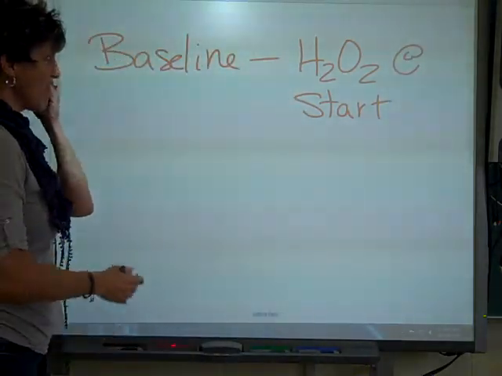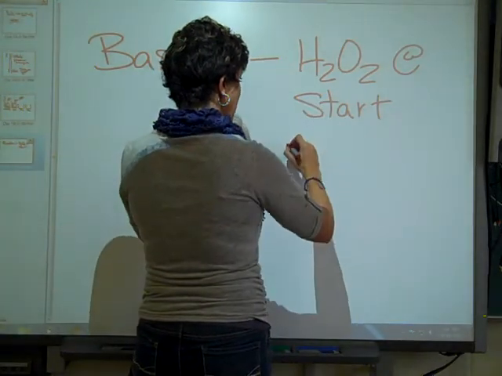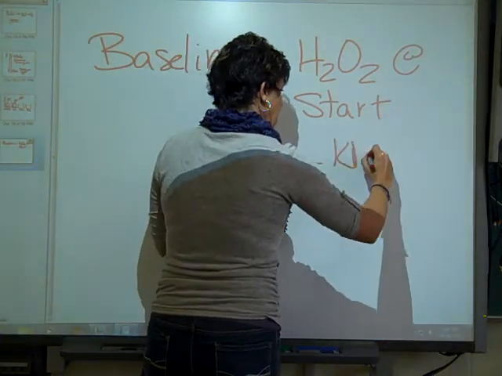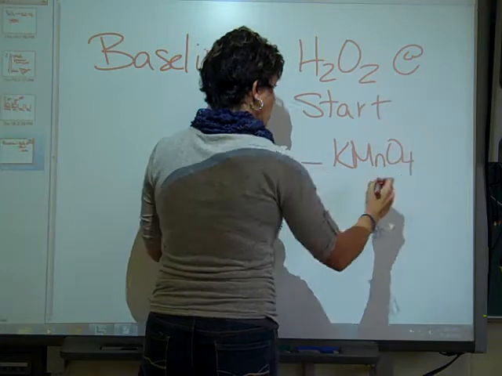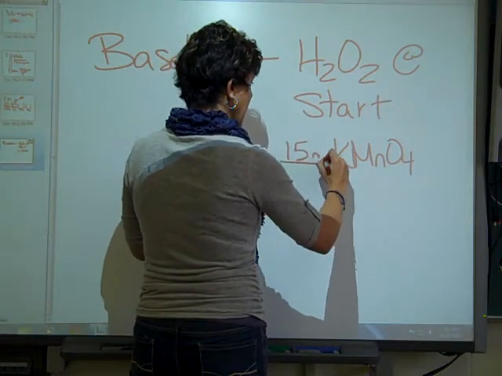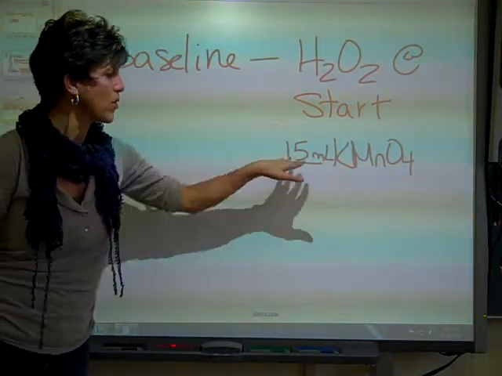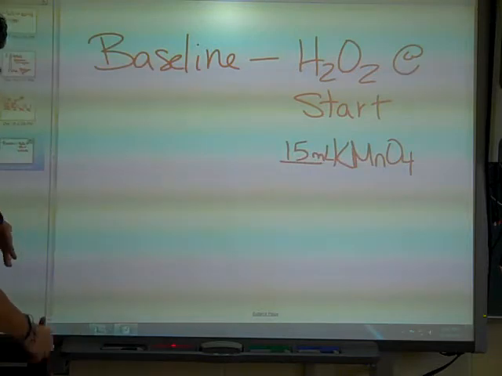Once I know how much I have at the start, so for example, let's say I used up 15 milliliters of KMnO4. These are directly proportional, so I just want to know how much of this I have used up.